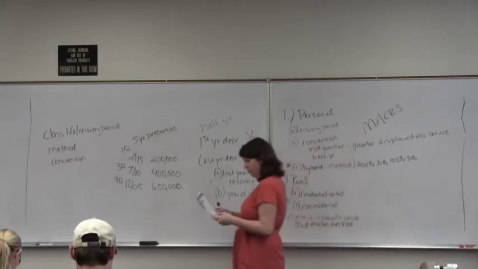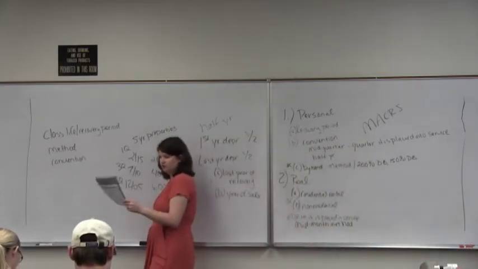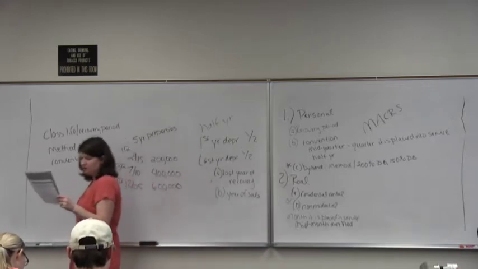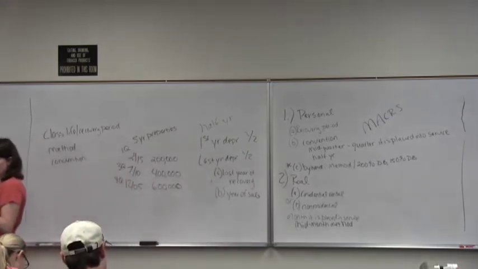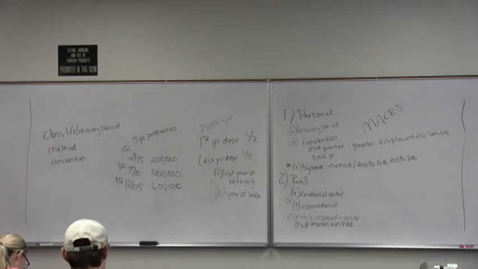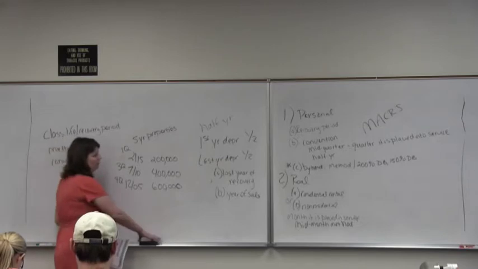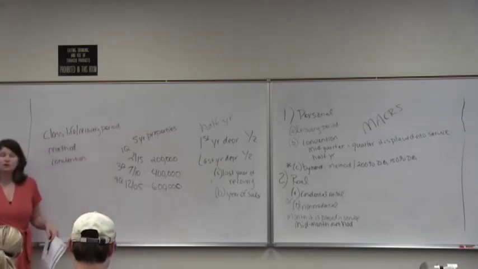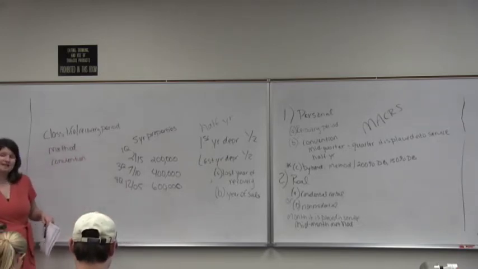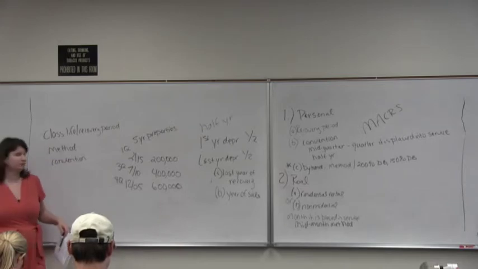So if we look at Exhibit 8.4, in the title it says, MACRS Depreciation for Personal Property Assuming a Mid-Quarter Convention. With the mid-quarter, it works very similar to the half-year, except instead of assuming we're putting it in place in the middle of the year, we're assuming it is put in place in the middle of the quarter.